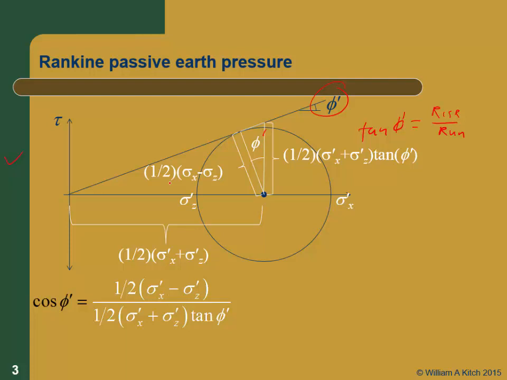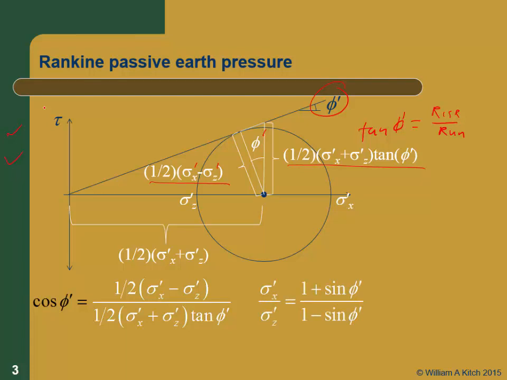So it's just 1/2 sigma x minus sigma z over 1/2 sigma x plus sigma z times tan phi. Boy, I missed a lot of sigma primes in here. And then this is the geometry that you forgot.